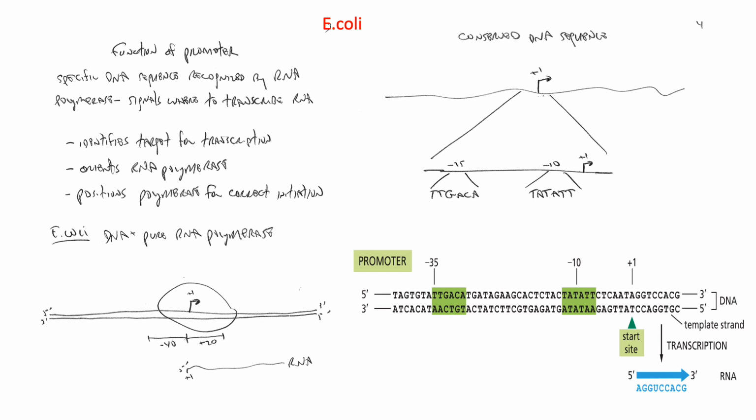It turns out that there are highly conserved sequences at the region where the polymerase binds. And there are two clusters of sequences that are important, and that's what's shown in that diagram. They found that at -10, meaning 10 nucleotides upstream of the start site, there was TATAAT, and that's shown below my drawing and the one below.